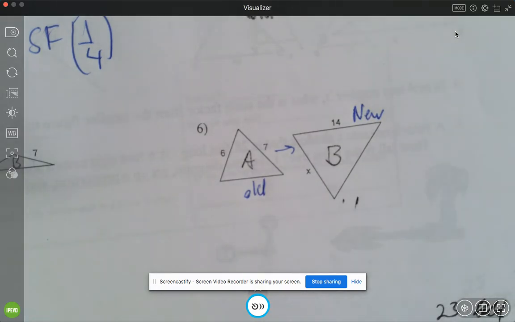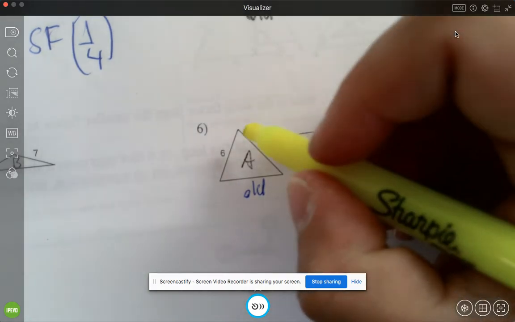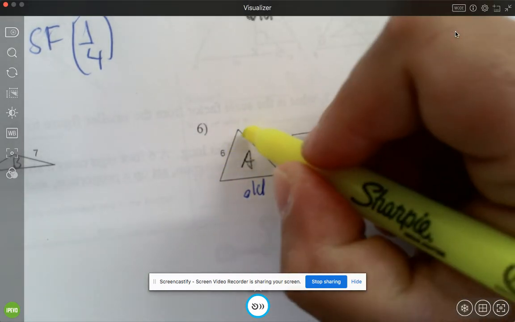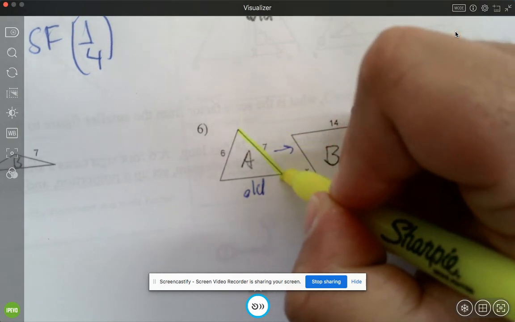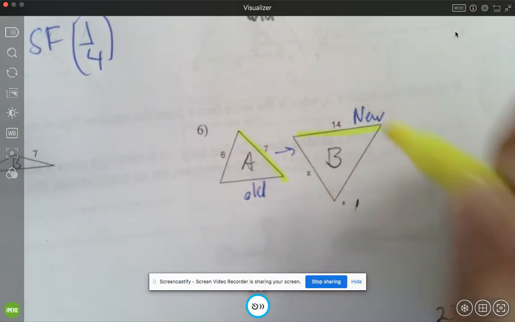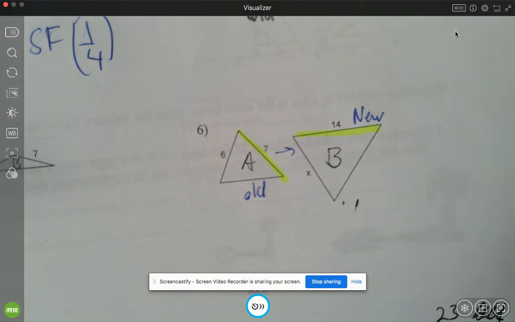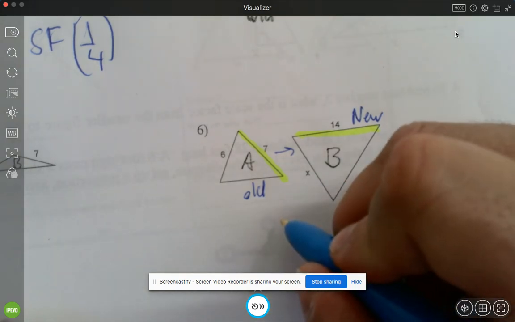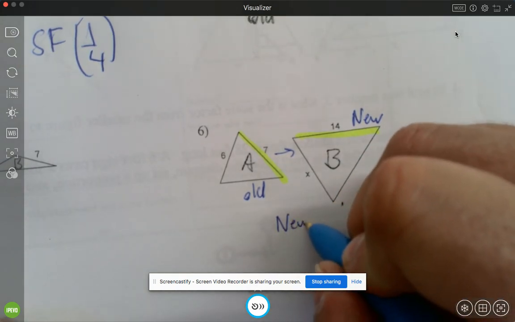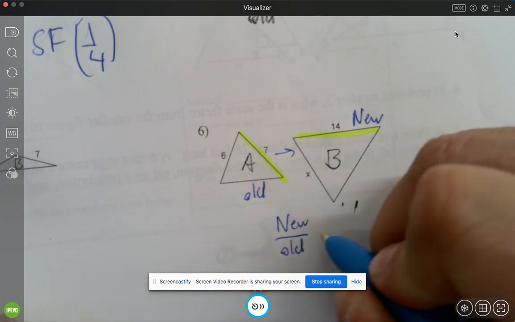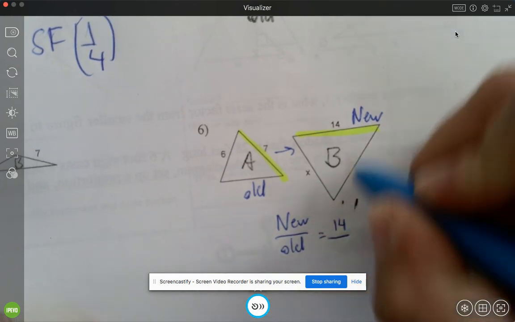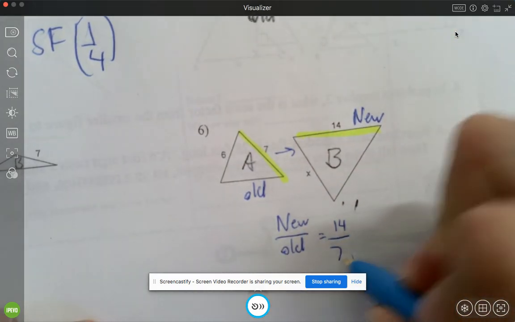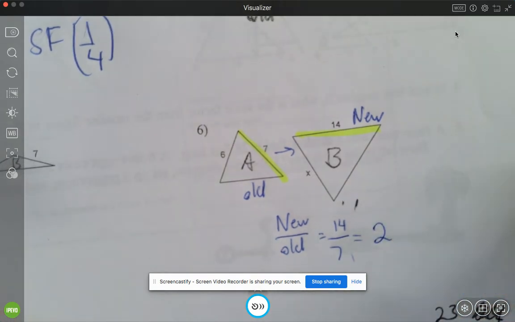So I look for 2 corresponding side lengths. The shorter one's missing an X, so I'll use the longer ones. New divided by old would be 14 divided by the old 7. So this one has a scale factor of 2.